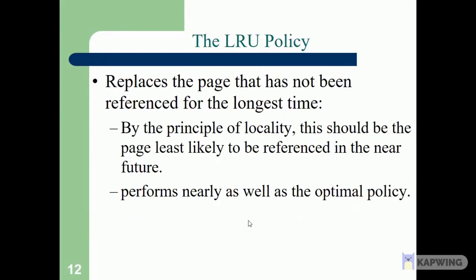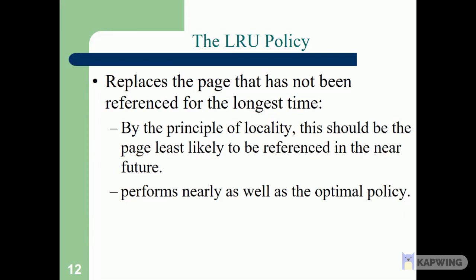Then third algorithm is your LRU, that is least recently used. It replaces the page that has not been referenced for the longest time. Means the page which is not used for the longest time, that page we are replacing in LRU.